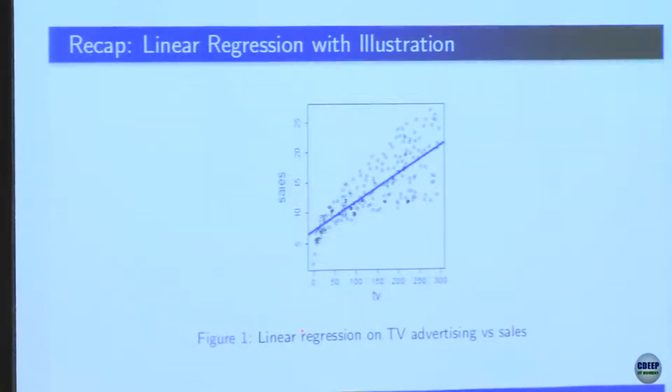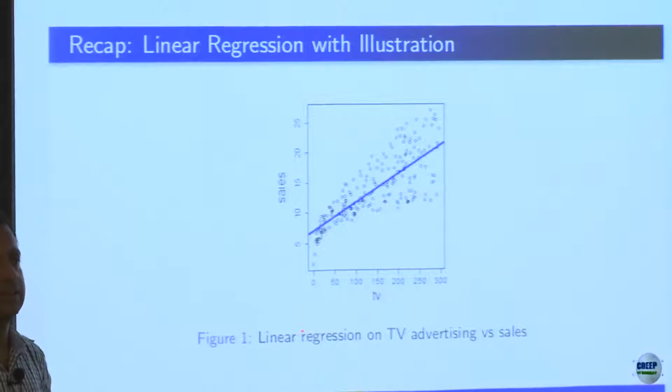So this was our canonical running example where an advertiser, a company, wants to advertise on TV, and it's measuring the investment on TV ads vis-a-vis the output, which is the amount of sales.